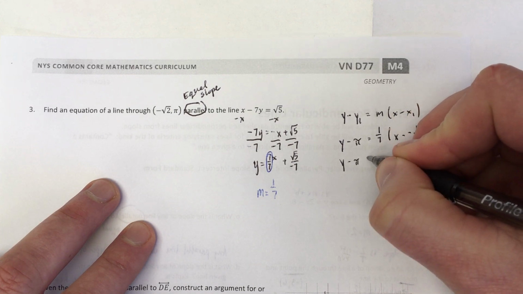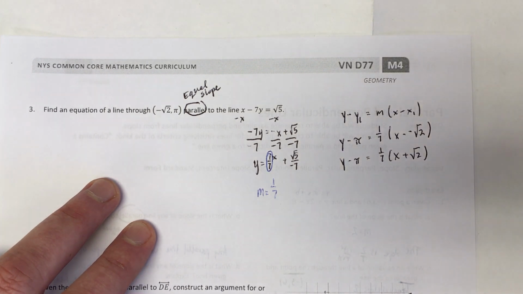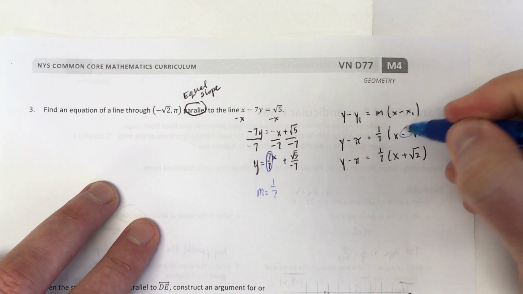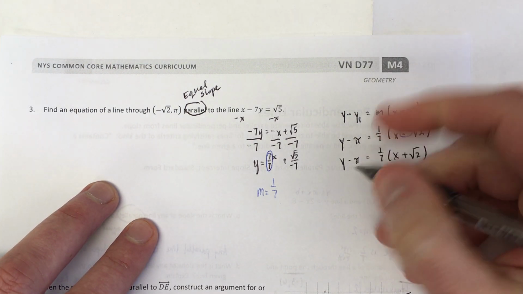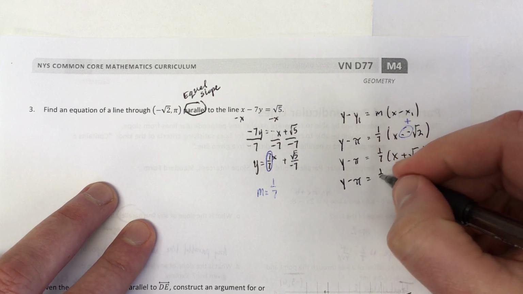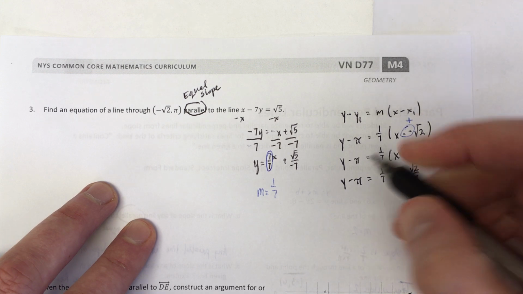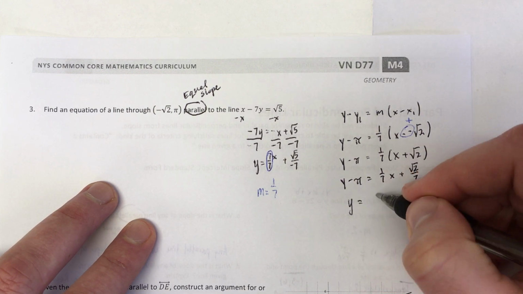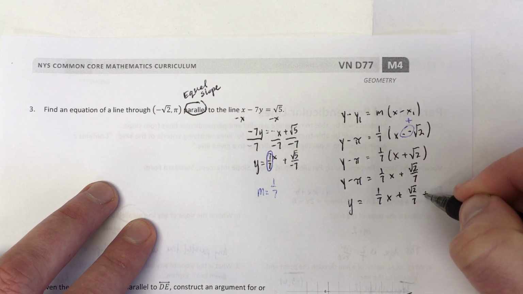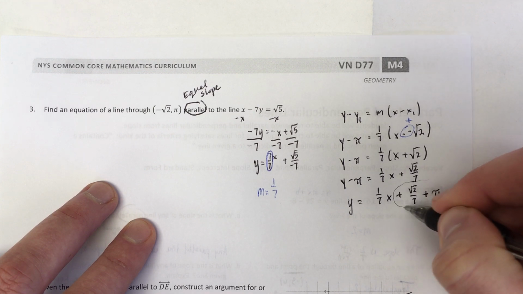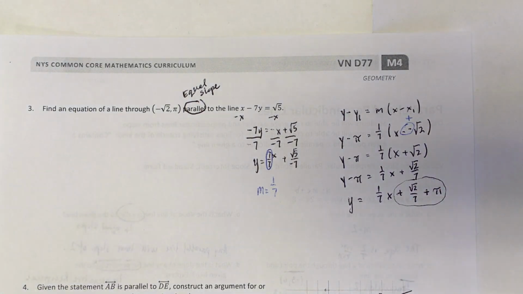Y minus pi equals 1/7 times x plus square root 2. Make sure you remind yourself of that. Minusing a negative acts the same as adding. Y minus pi is equal to 1/7 x plus square root 2 over 7, and then I add pi to both sides to get y is equal to 1/7 x plus square root 2 over 7 plus pi. Notice how I couldn't combine those two. They're not really like terms, and so this is your equation.